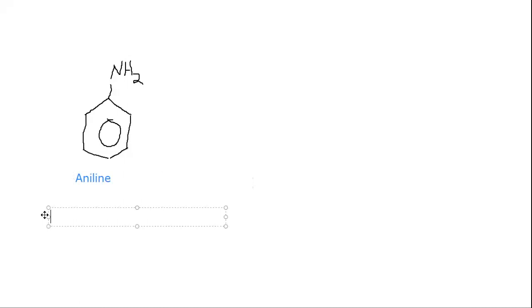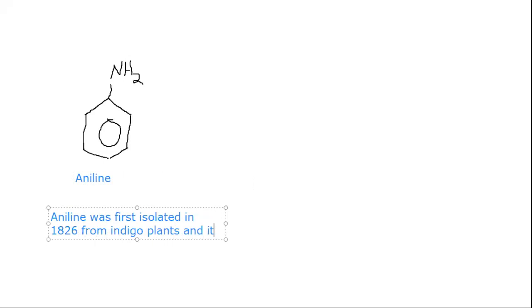There is a significance of aniline. Aniline was first isolated in 1826 from indigo plants, and it is used to make many dyes, especially blue color.